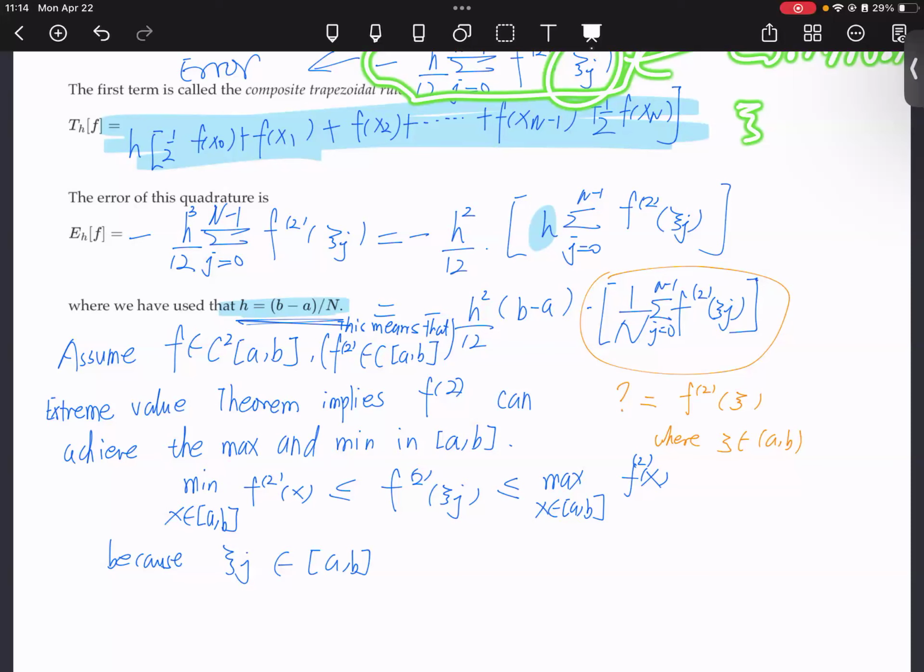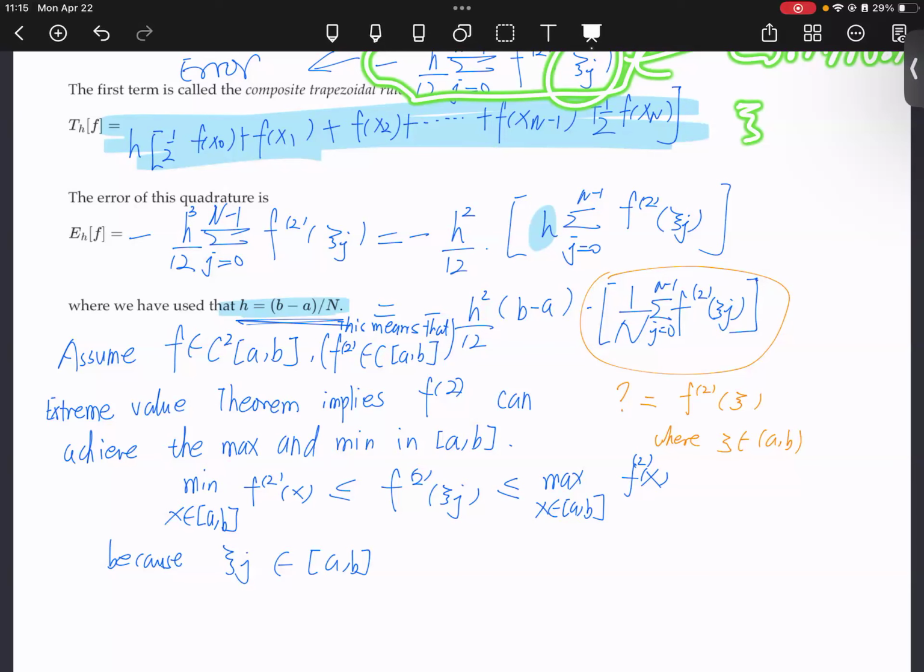First of all, we are going to use the extreme value theorem to get the maximum and minimum. The extreme value theorem implies that the second derivative, because we assume that the function f belongs to the second continuous function space, which means that the second derivative is also a continuous function.